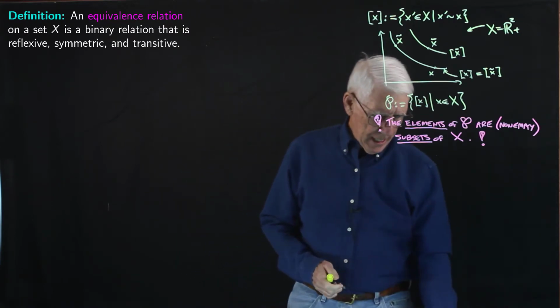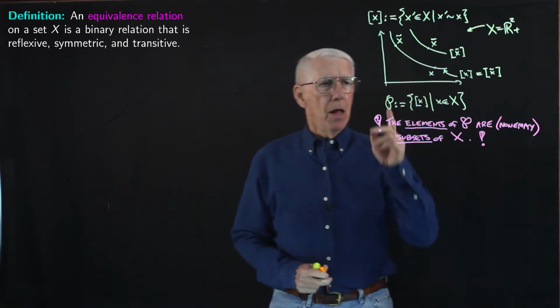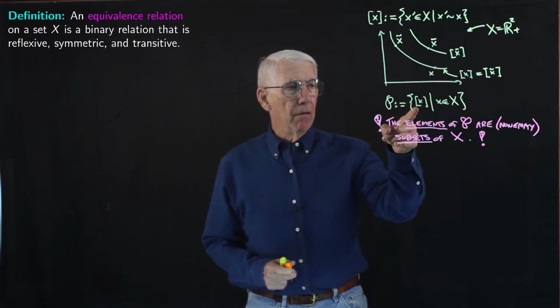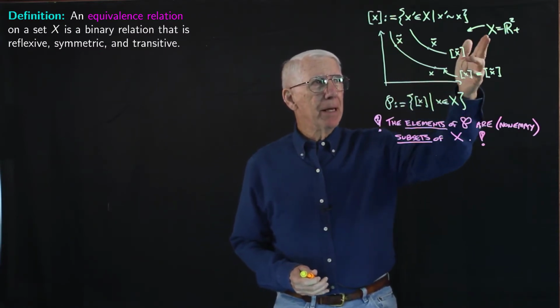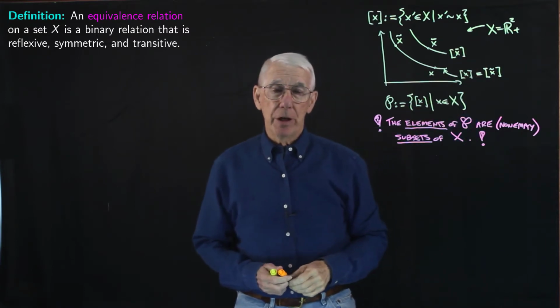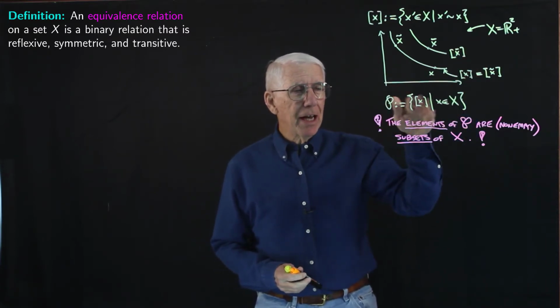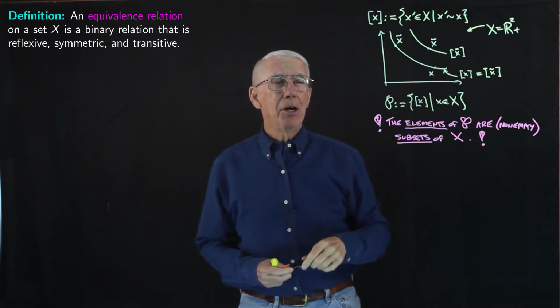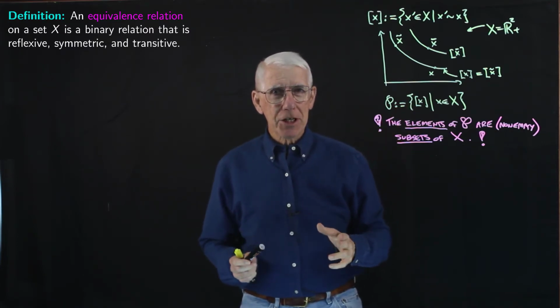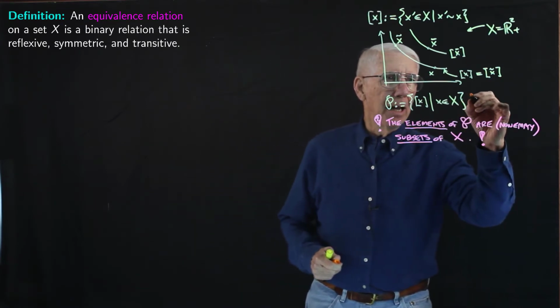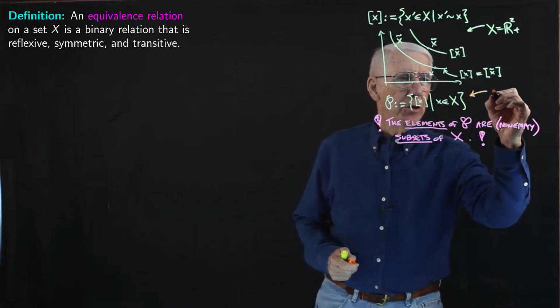Well, this set of the equivalence classes, I said that it divides up the underlying set or the underlying space X into things. So we actually refer to this set as the quotient set. Let me give a notation for that.